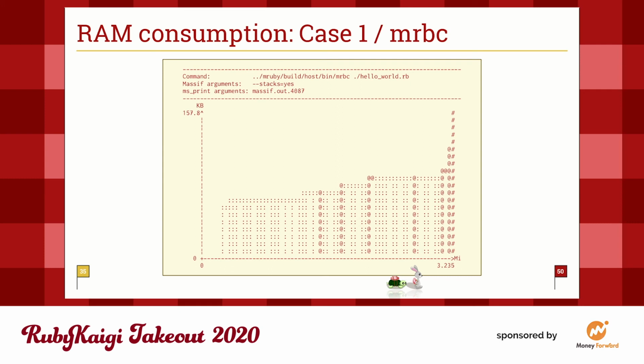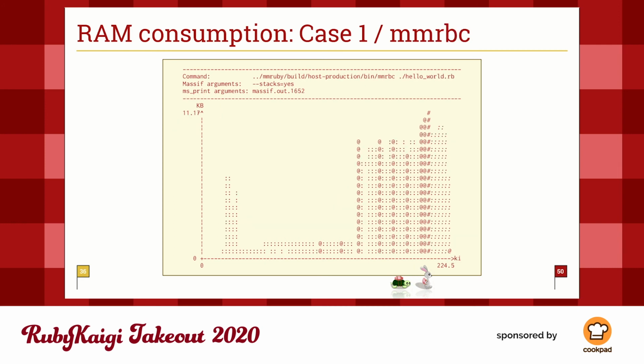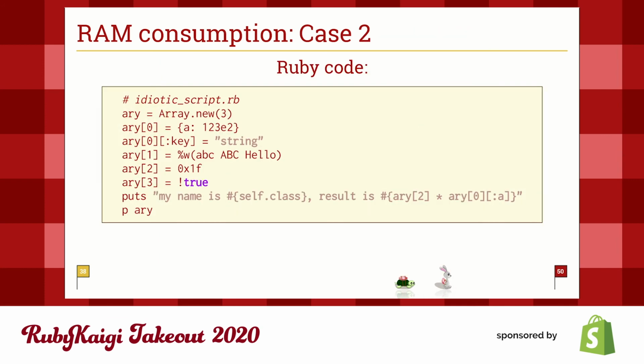It tells us that mrbc used 157 KB of RAM to compile Hello World. On the other hand, my compiler mmrbc used only 11 kilobytes of RAM. I believe that you are clapping now. Thank you.